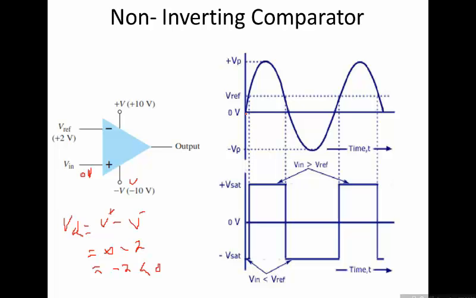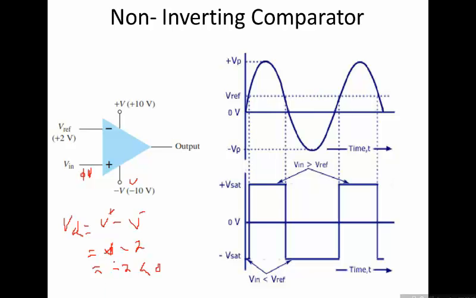Now if Vin is increased to, let's say, 1 volt, then what would be the output at this instant? Now the voltage at V plus is 1 volt and the voltage at V minus is still 2 volts because this is a constant reference voltage, DC voltage.